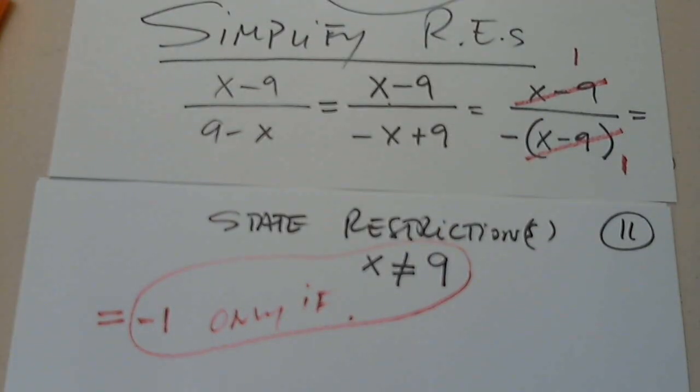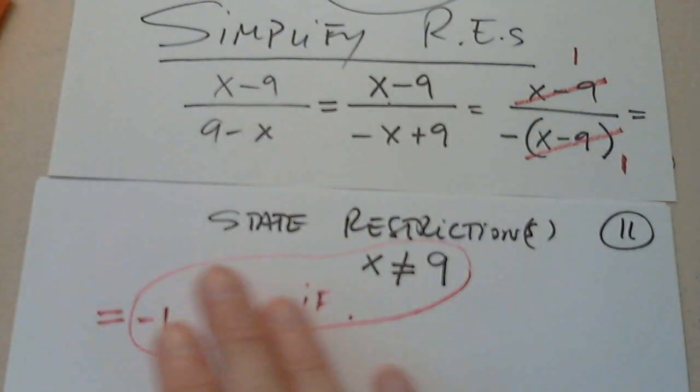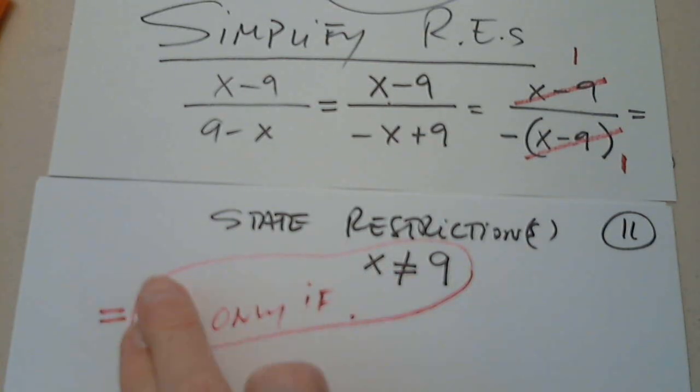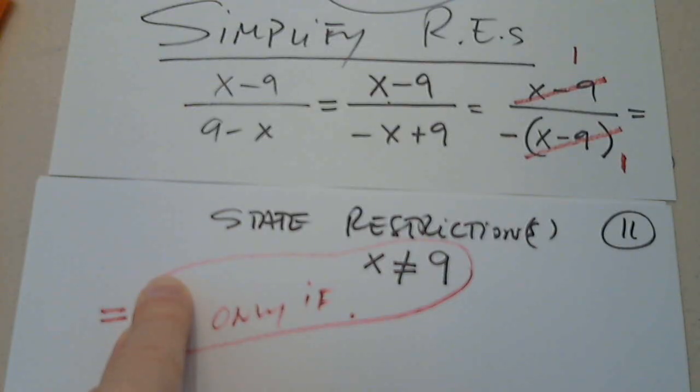I'll say, sorry, I don't have a number for you. So therefore, all this simplifies to -1, only if x is never, ever, ever 9. If it is 9, it doesn't simplify to anything. The expression doesn't exist. Good.